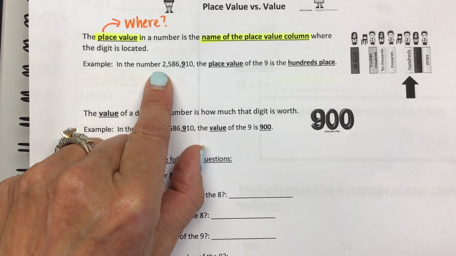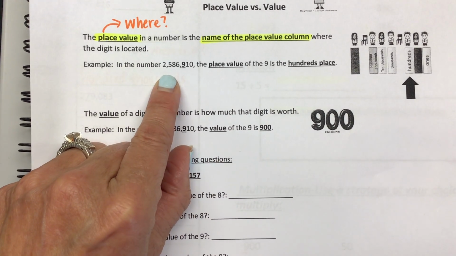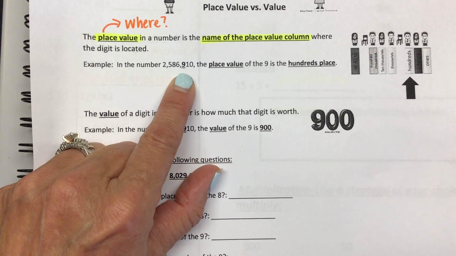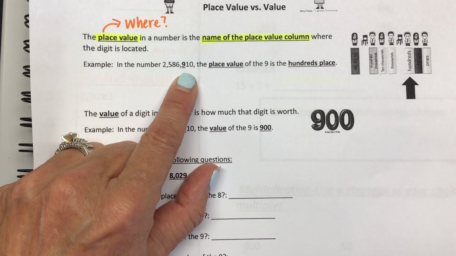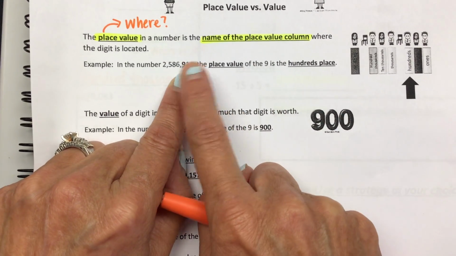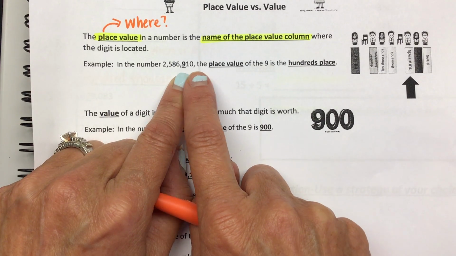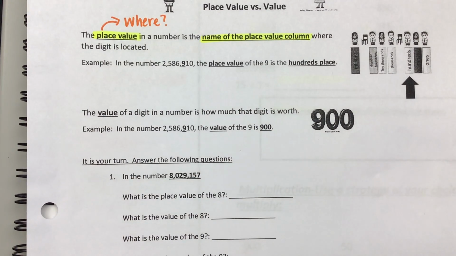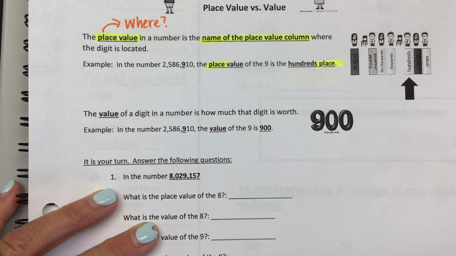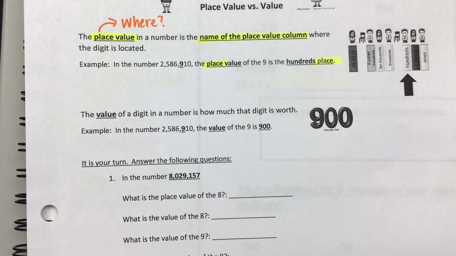Let's read it together. 2,586,910. Okay, the place value of the 9 is the hundreds place. That's another way to think of it. When you see this word place, you could add place to the end of your answer.